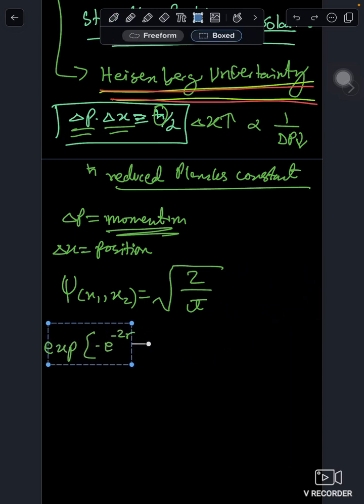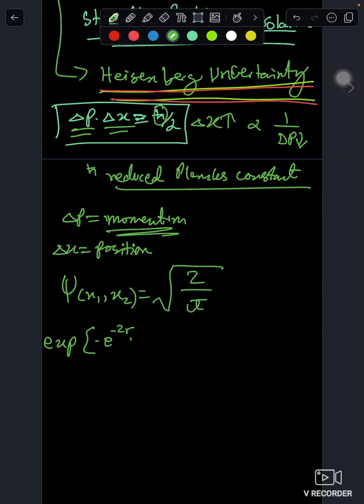This will give us minus e to the power of minus 2r of (x1 plus x2) squared divided by 2 minus e to the 2r (p1 plus p2) squared.